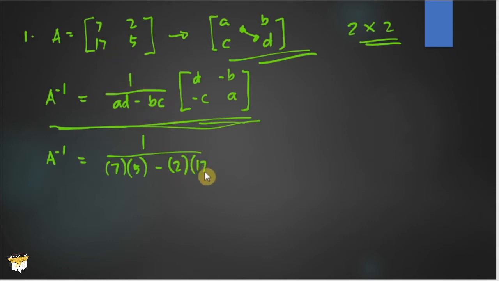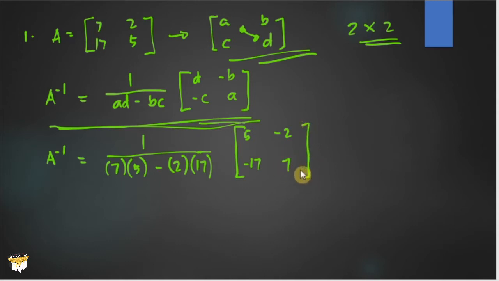Then times the matrix, of course, D is 5. And then, we have B is positive 2, so it will become negative 2. And then yung C is 17, so that will become negative 17. Then, yung A natin is, of course, 7.